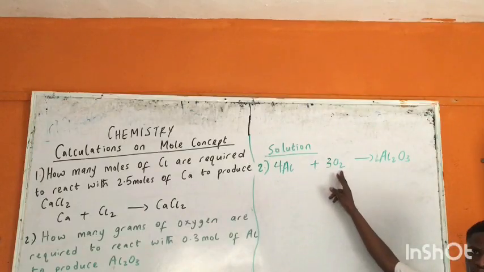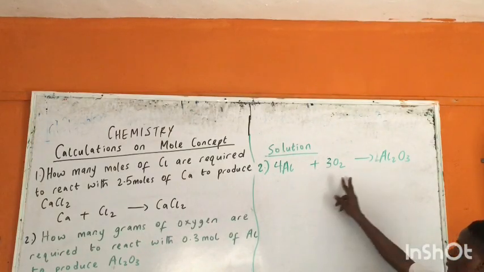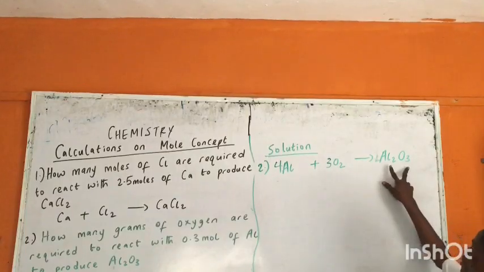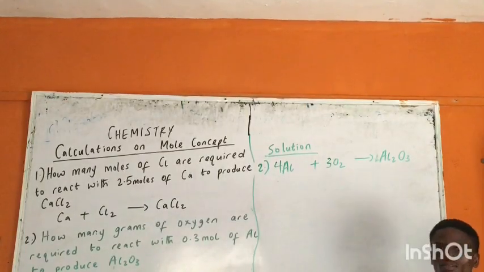So we have 6 oxygen now. 4 aluminium, 4 aluminium, 6 oxygen, 6 oxygen. Balanced. So what's the next thing? Write out the molar ratio.